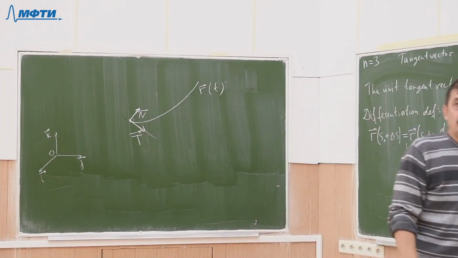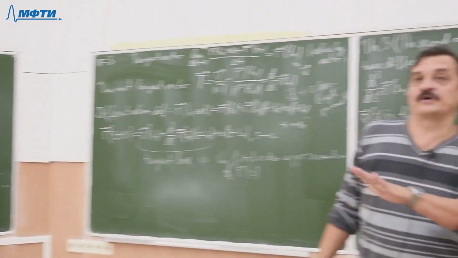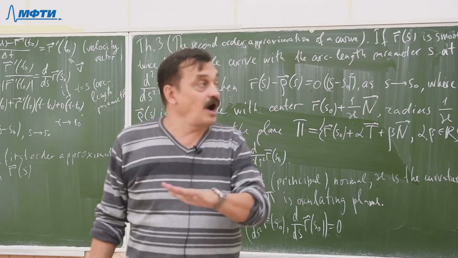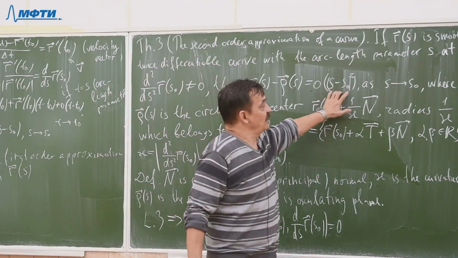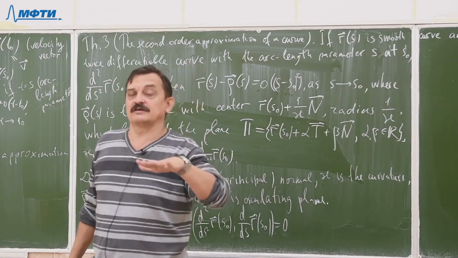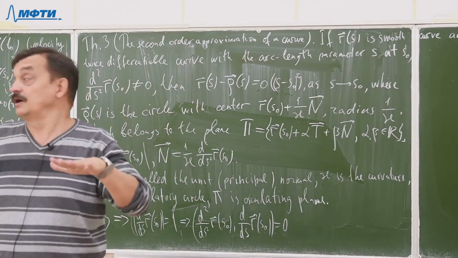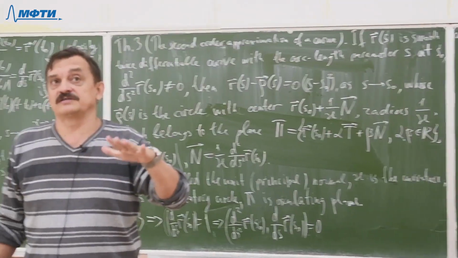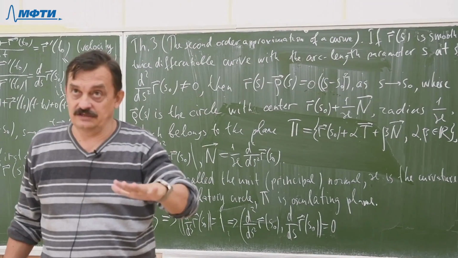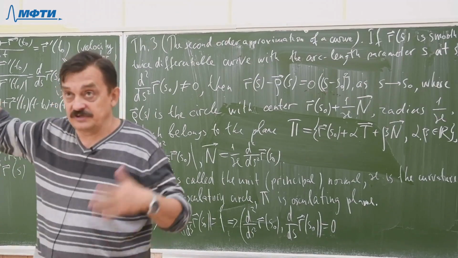And the plane which is generated by those two vectors is osculating plane. So up to second order quantities, we can think about movement along such a curve as a movement in the plane, right? Although the curve is in the space.